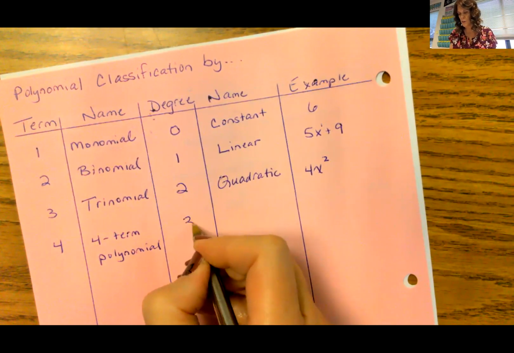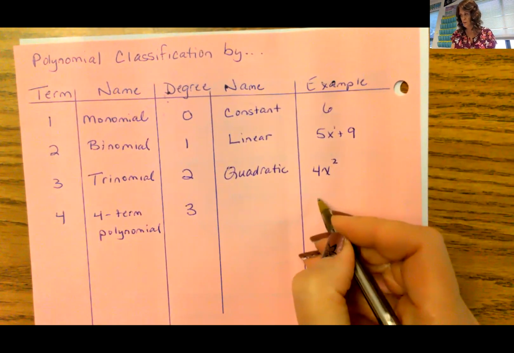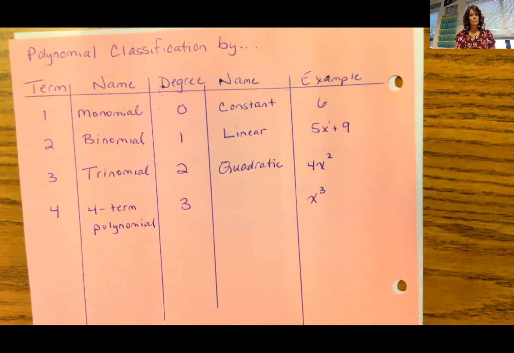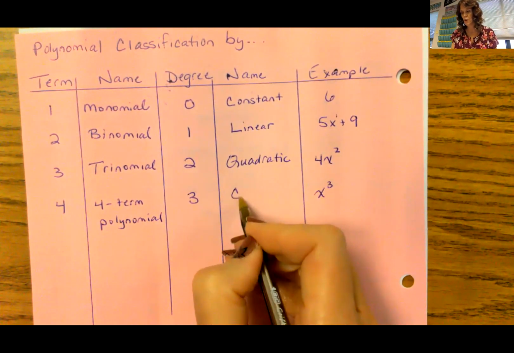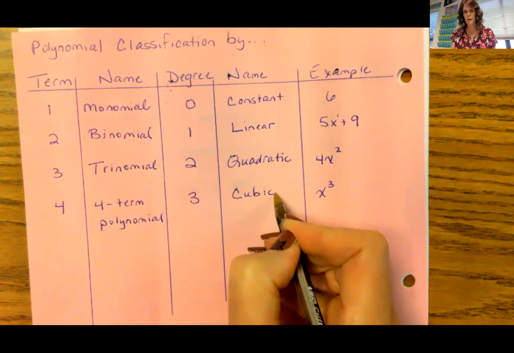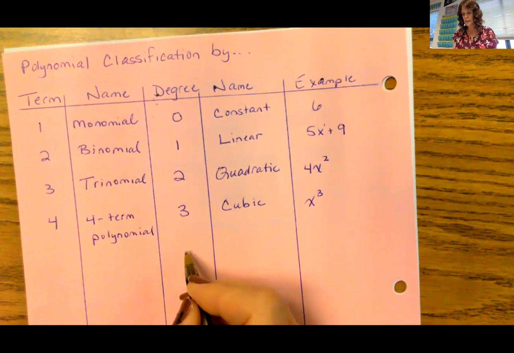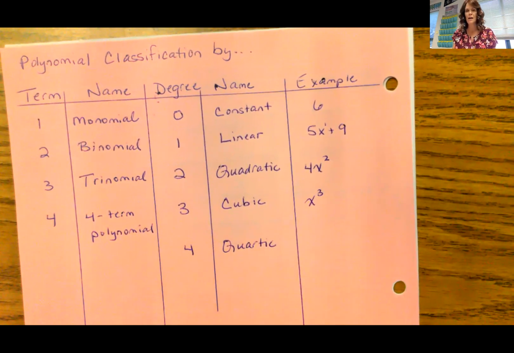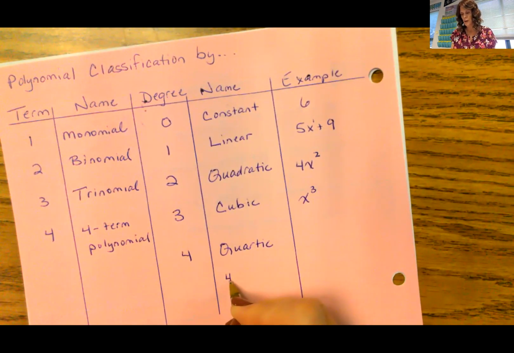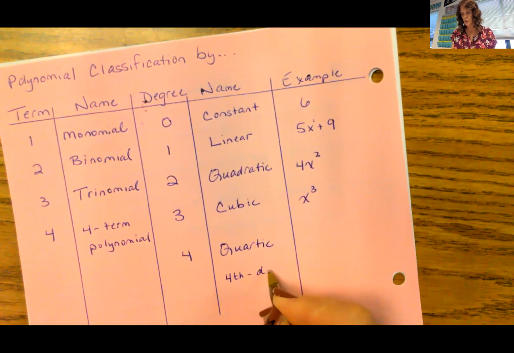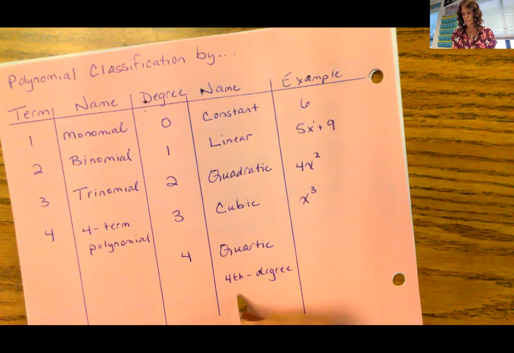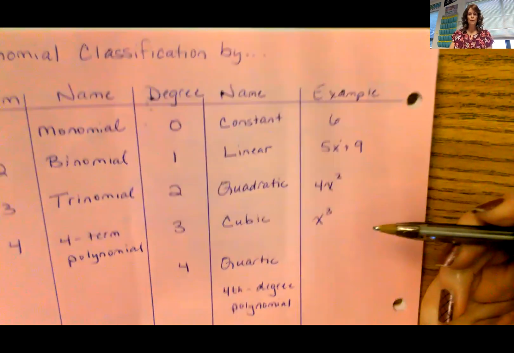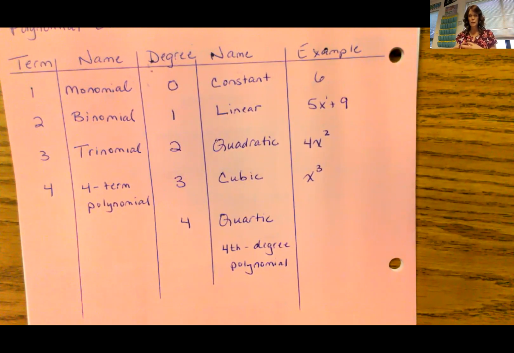And then if we have a 3rd degree exponent of 3, we talked about this a lot, but that is cubic, and hopefully you remember that from some of your geometry. Now, yes, technically we could go to 4 and call it quartic, and we can even go higher than that. But after this, we probably just start saying, just like the other one, a 4th degree polynomial or something like that.